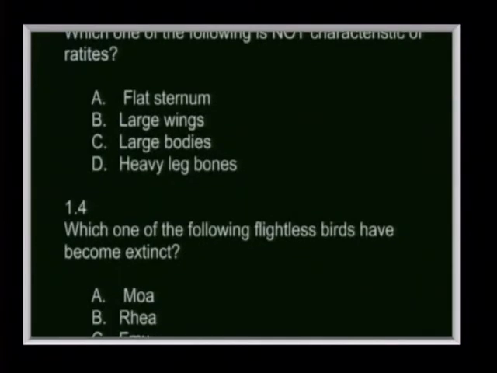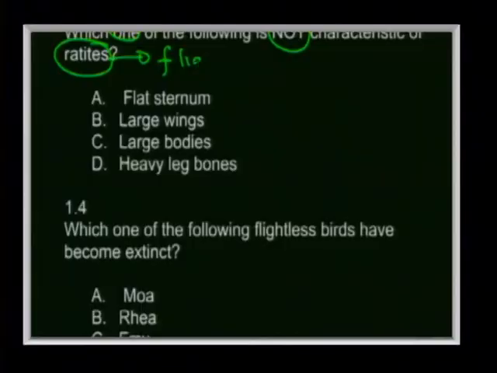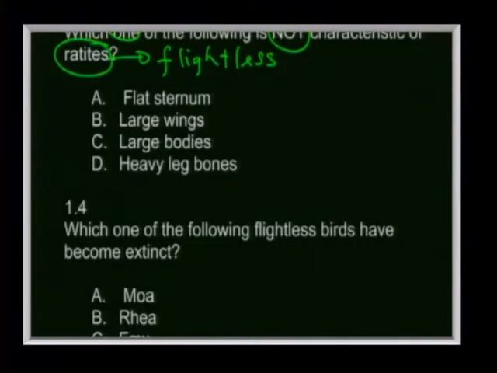1.3. Which one, again, of the following is not a characteristic of ratites? Now, important for us is to remember that ratites are our flightless birds, in other words, our birds that can't fly. So, let's see. We mentioned a few characteristics, and one of them is that it has a flat sternum.